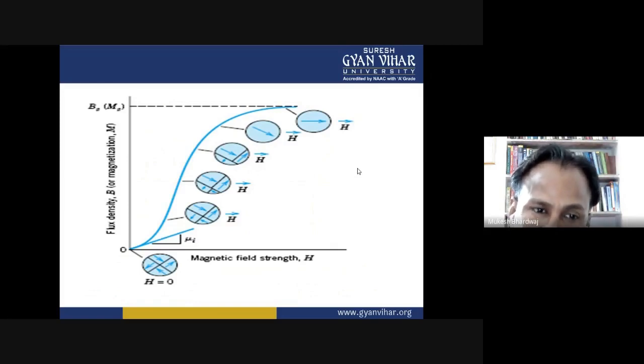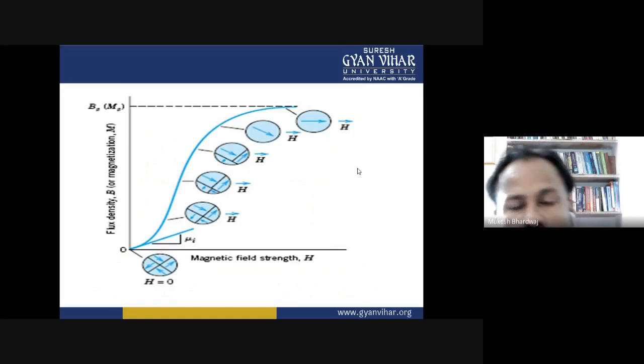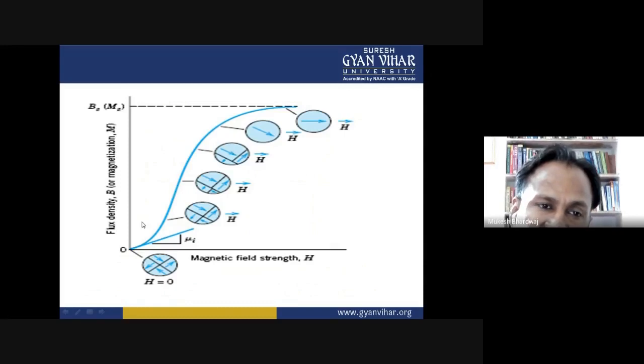So if you observe the graph at the starting, that is the origin, when no magnetic field strength is applied, the flux density is zero.